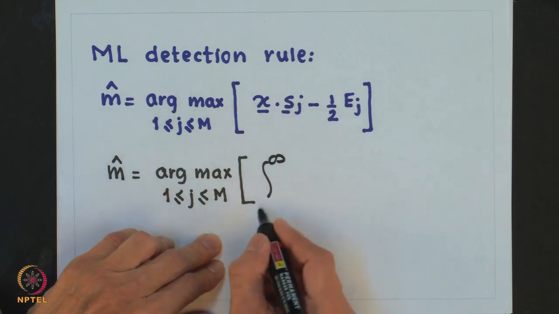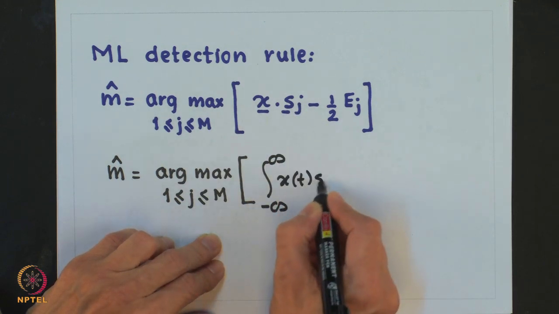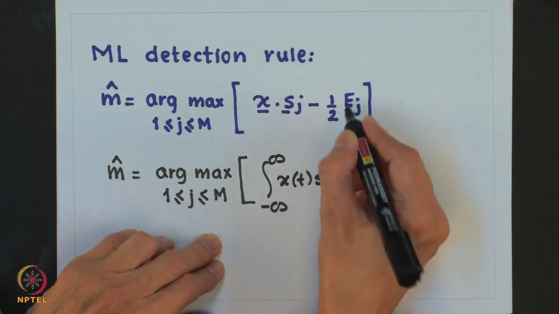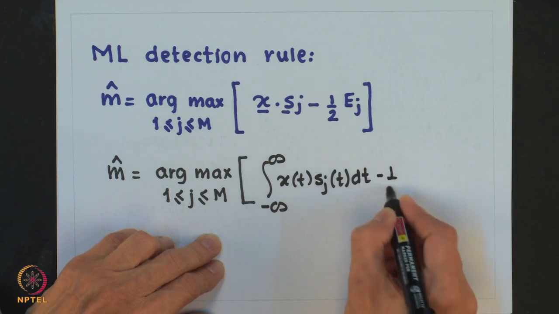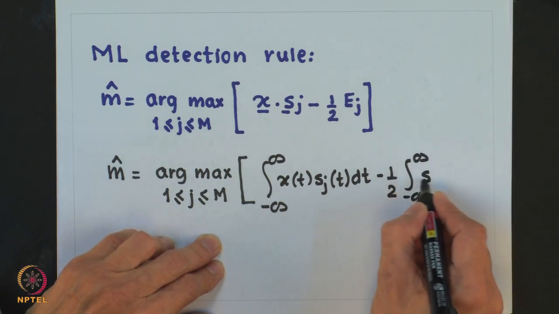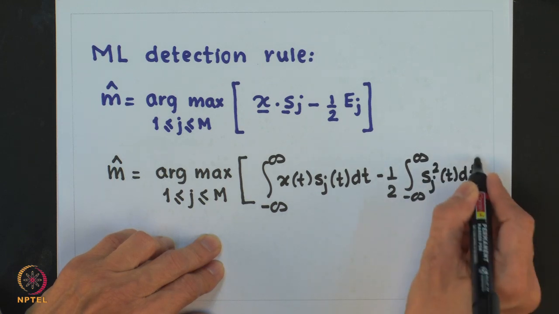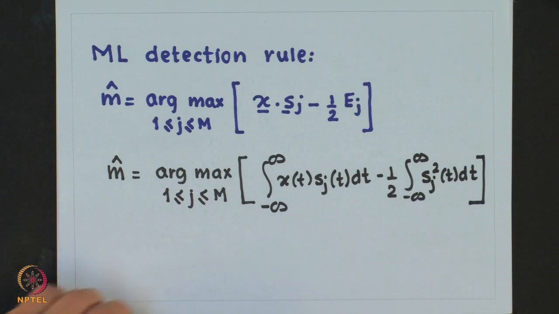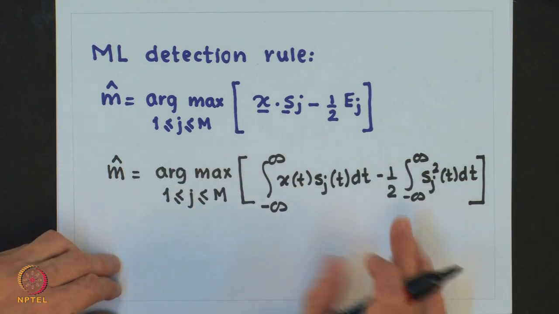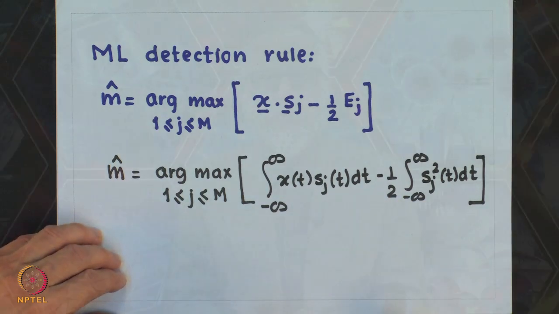This is equivalent to writing this, and this quantity is equivalent to writing this expression. So, this becomes your ML detection rule for the continuous AWGN channel.